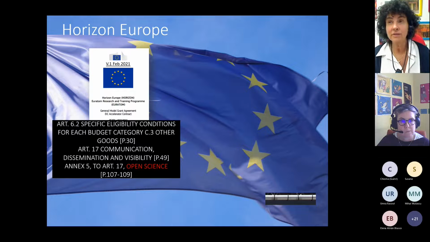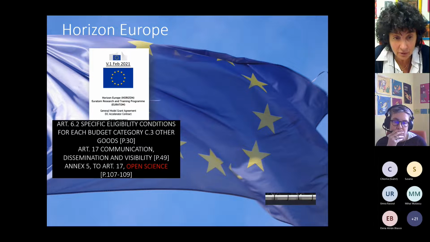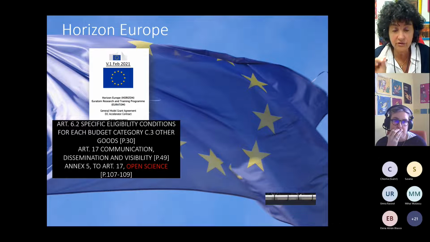I would say that the Commission didn't make things simple because they divided basically all the relevant information about open science in 4 different documents. First of all, of course, the General Model Grant Agreement, Article 6.2 C3. It's the relevant point in which you will see that every expense to manage your data and to manage your research in an open way are eligible for reimbursement, okay?